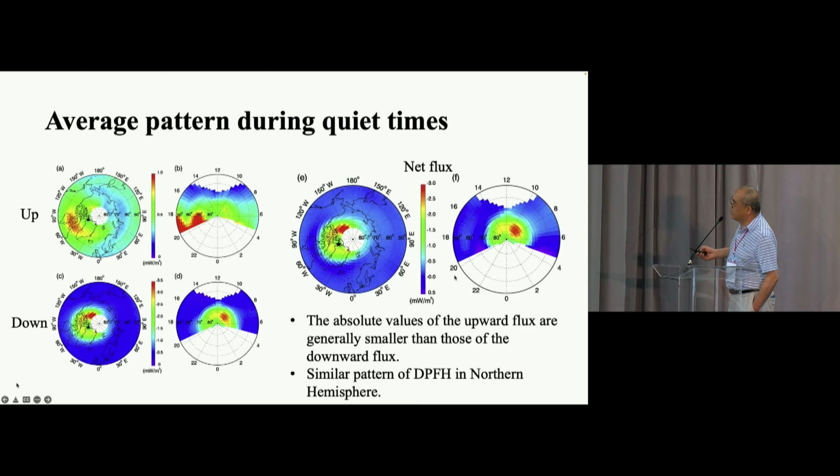And also, if you look here, it's 8 to 10 or 12 in magnetic local time. This is the magnetic pole, so it's around 80 in magnetic latitude. It's very similar to the other cases. It's a very similar pattern happening during quiet time.